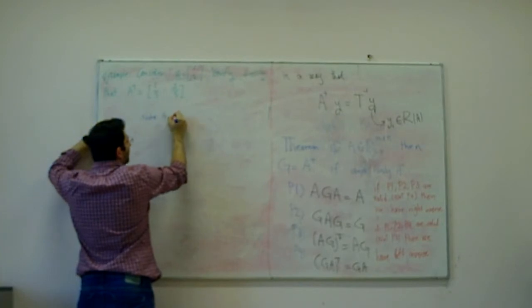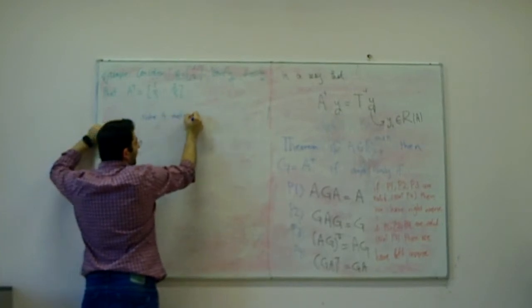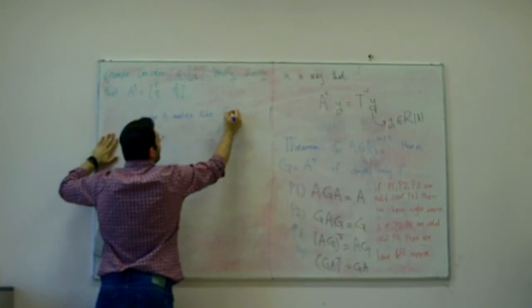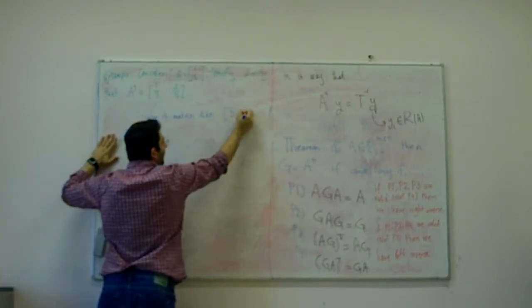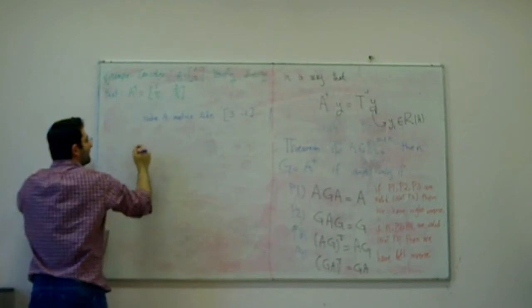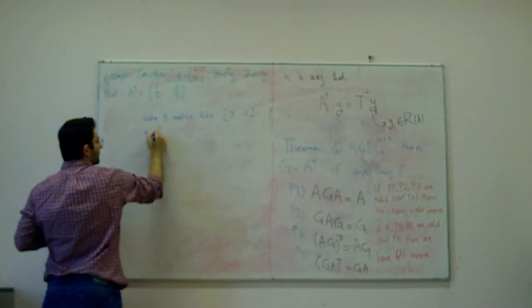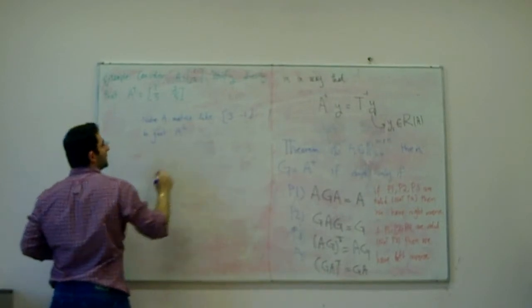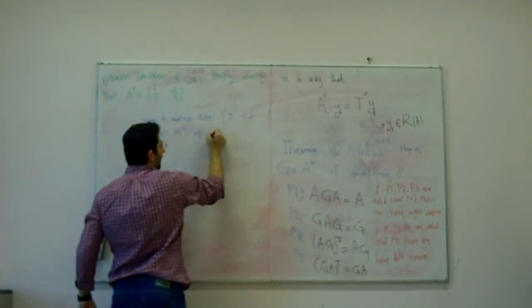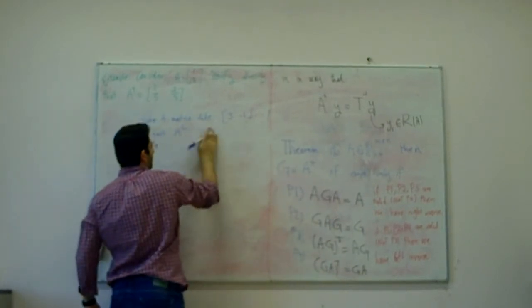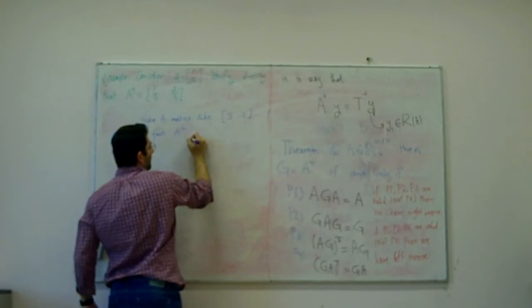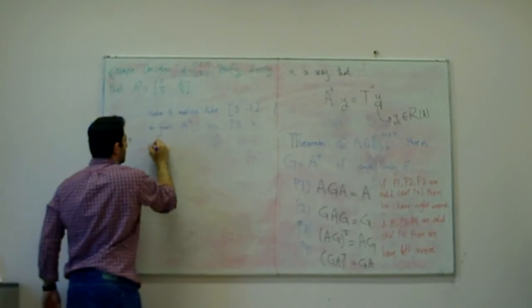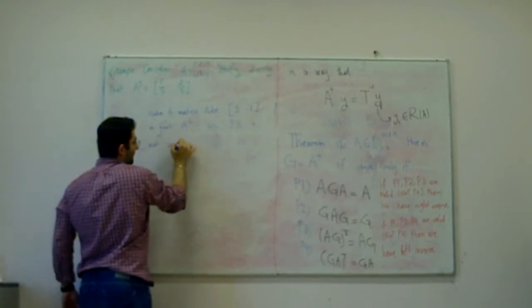A matrix like 3 minus 1 is just a left inverse of A. I mean, it'll be right to be 100%, as P3 is not satisfied.